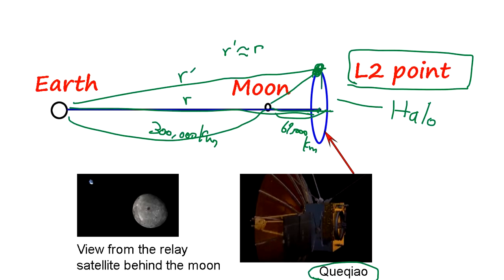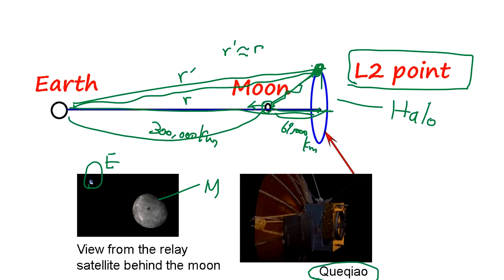The purpose is to communicate between Earth and the back of the moon, because the moon always faces the same side to the Earth. This is how it looks from this communication satellite: a photo was taken, and Earth is here and the moon is here.